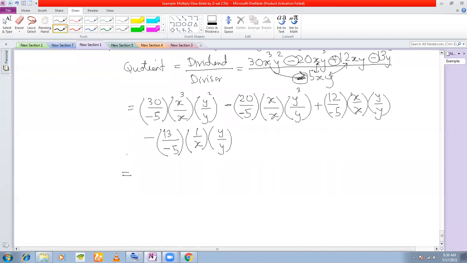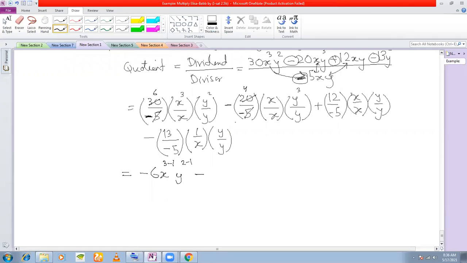Now we cancel what cancels out. So you have 5 cancel with 30 six times, and you have a minus sign, remember here. And whether we write the minus sign in the numerator or denominator, it's the same thing. So we write minus 6. And this becomes x to the power of 3 minus 1. It becomes y to the power of 2 minus 1. Okay. Next, we have a minus. Again here, 5 cancel with 20 four times.